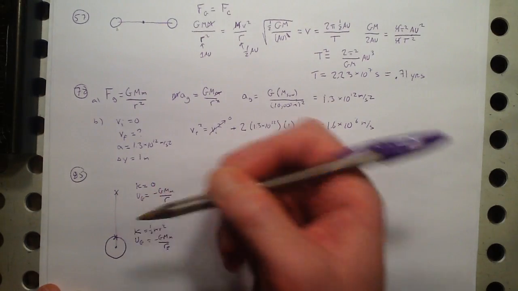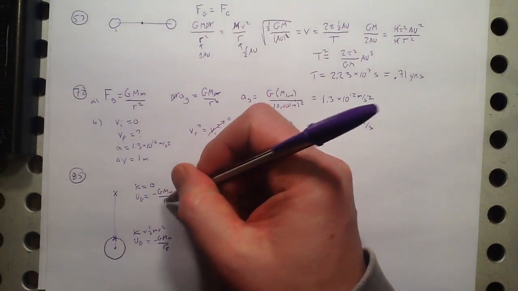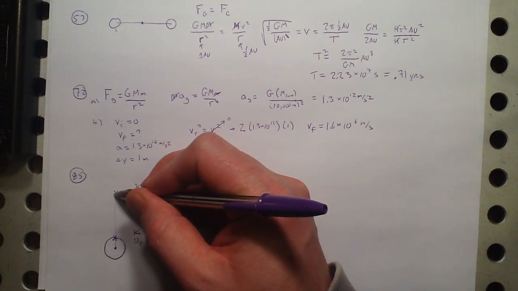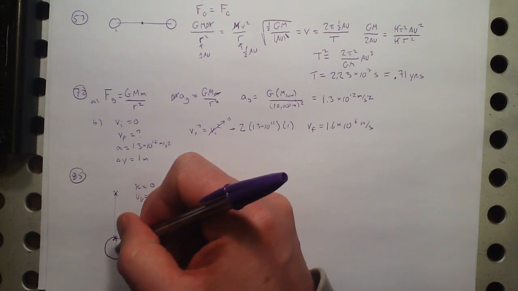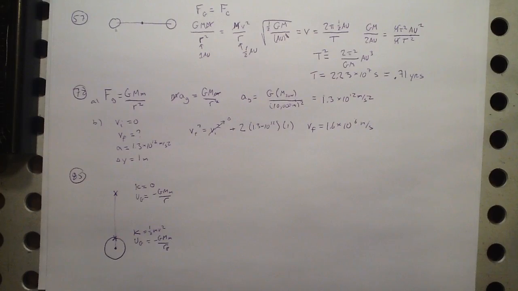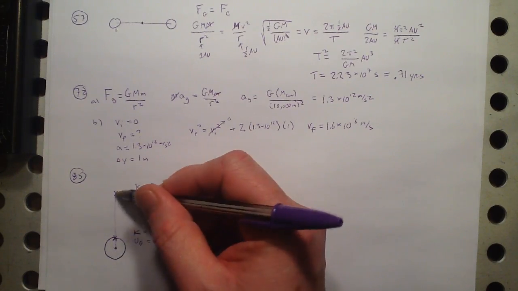I'm just going to observe that they are asking how far above the surface of the Earth it will go. What I'm finding here, this r is from center to center. So when I find this, I'm going to have to subtract an Earth radius from that. No big deal. But they're looking for this distance, not the center to center.